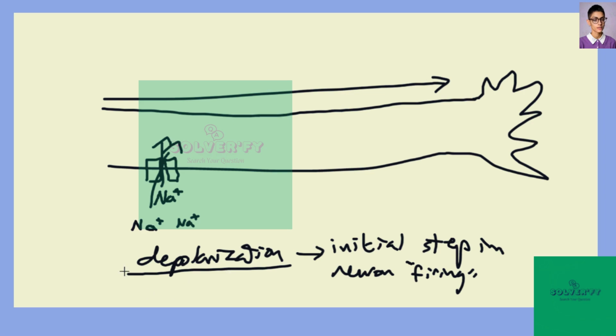So by blocking this initial step, blocking membrane depolarization, it blocks all subsequent steps in the transmission of the neural signal.